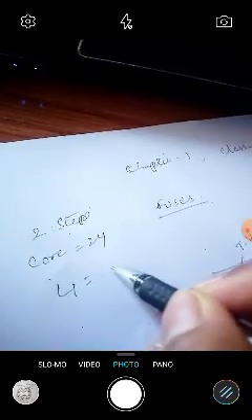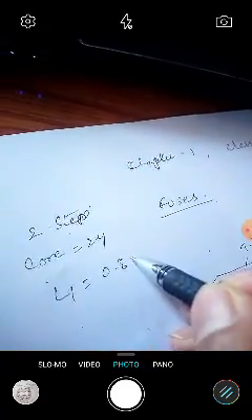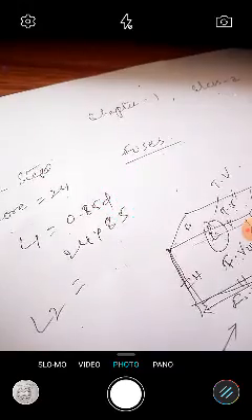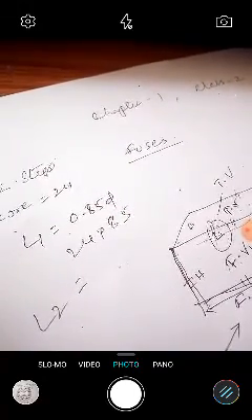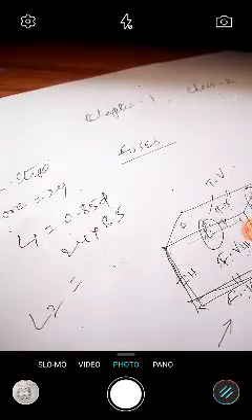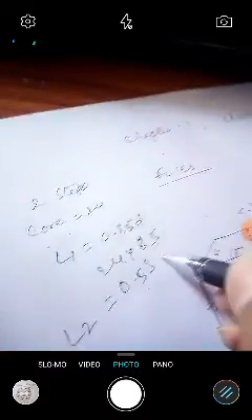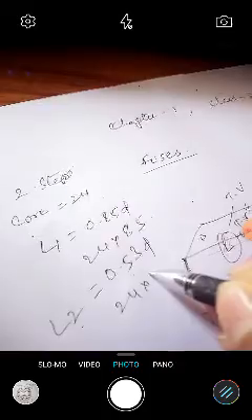Length L1 is calculated by 0.85 times the diameter, so 24 into 0.85. Again L2 is calculated with 0.53 times the diameter, so 24 into 0.53.